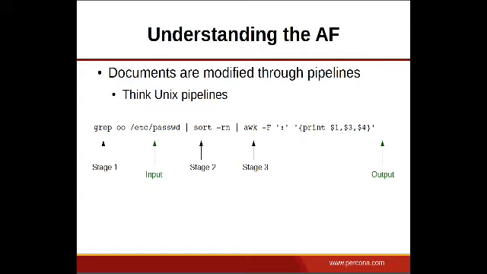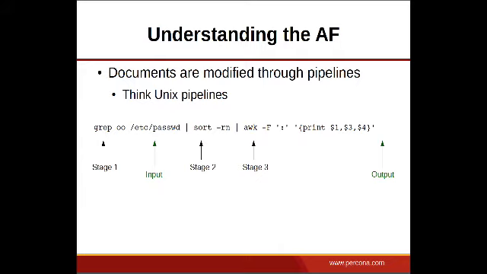You can use grep to filter, then you can pipe it to sort, and then you have another file, and then you can use awk on that output to do something else. And in the end, you have an output. Well, with the aggregation framework, it's exactly the same thing.